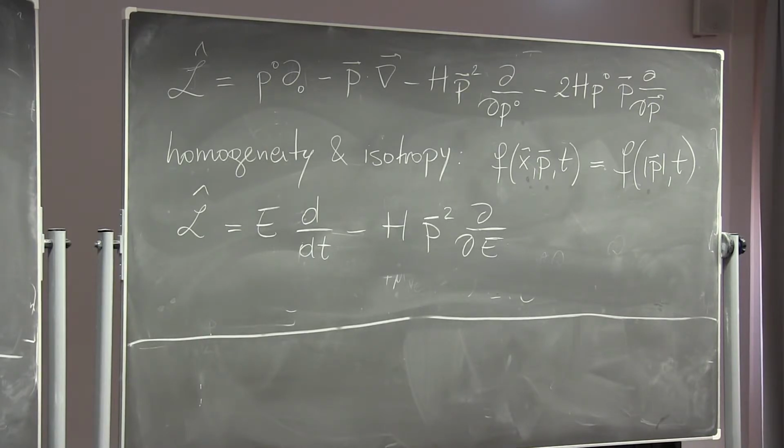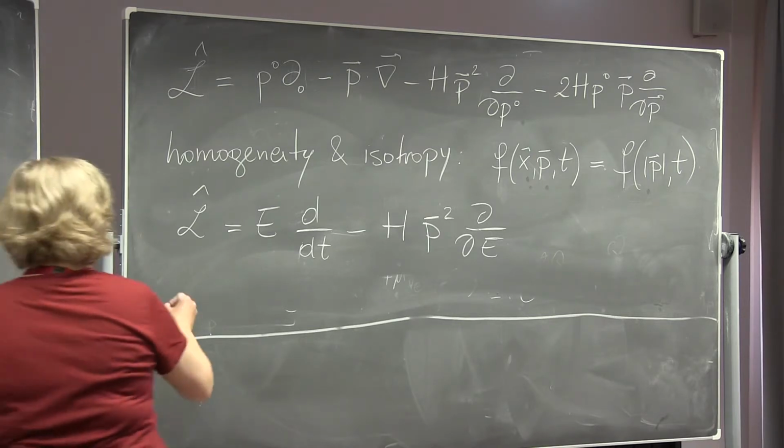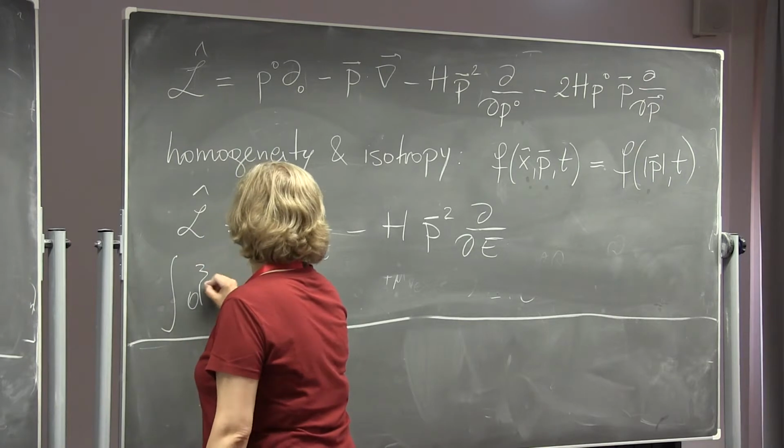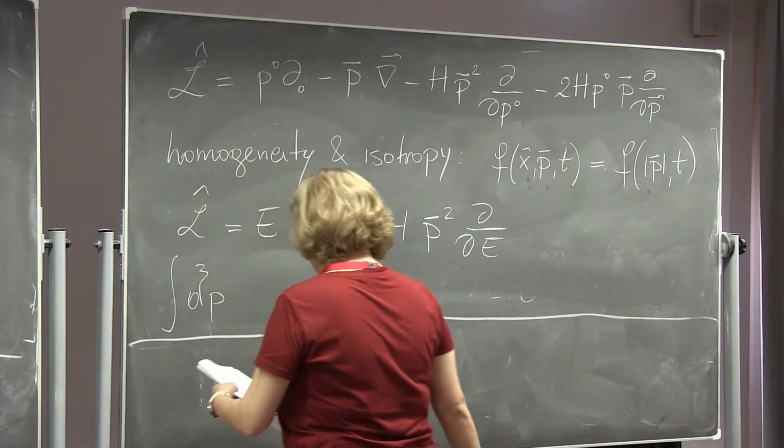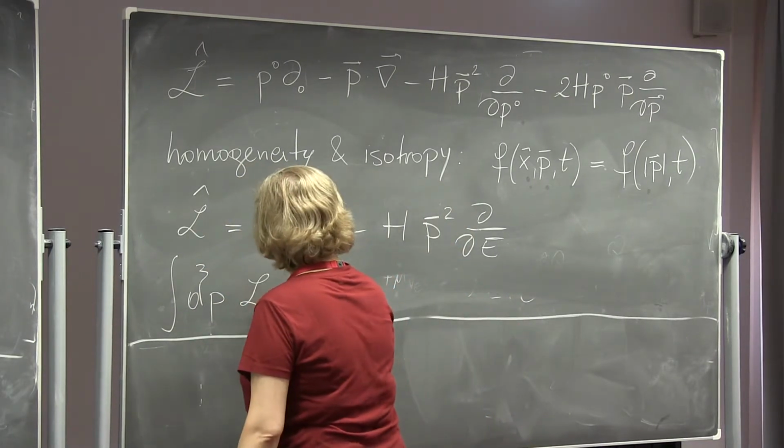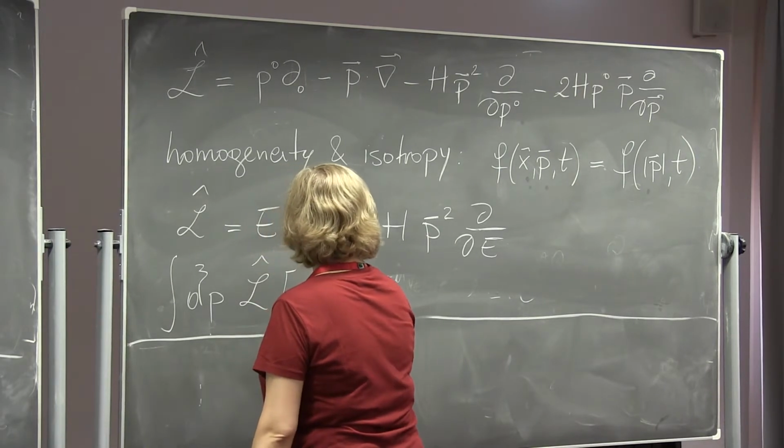Now, there is usually a slightly different way to write it, because in some cases we don't care very much about the momentum dependence of the distribution function. We care about the number of particles. So it should be clear that in principle we could take an integral in d³p, divided by (2π)³, of the Liouville operator acting on my distribution function.